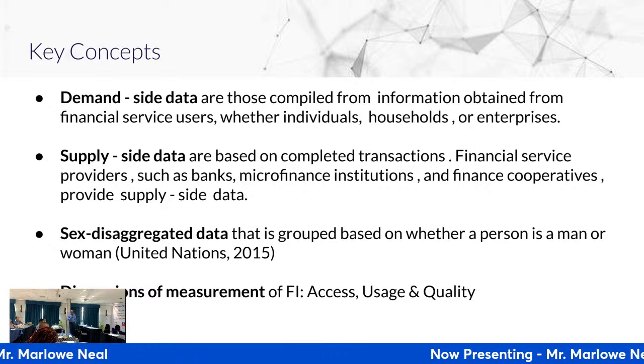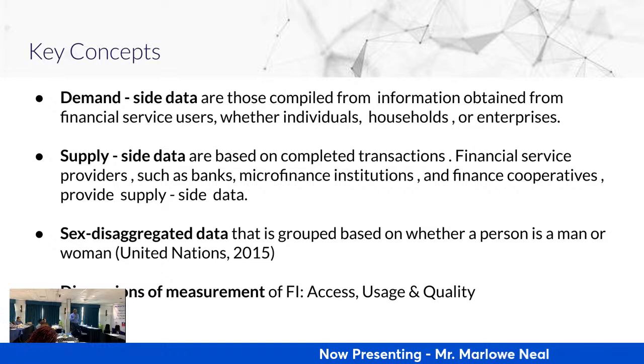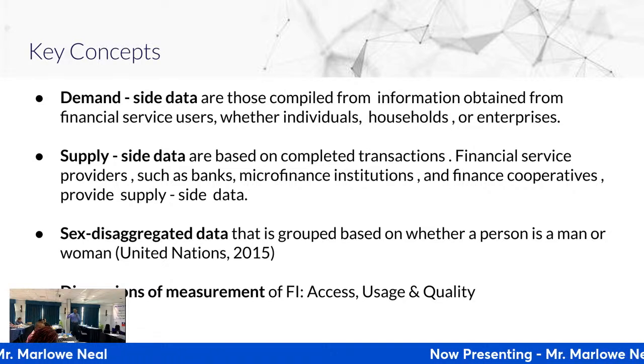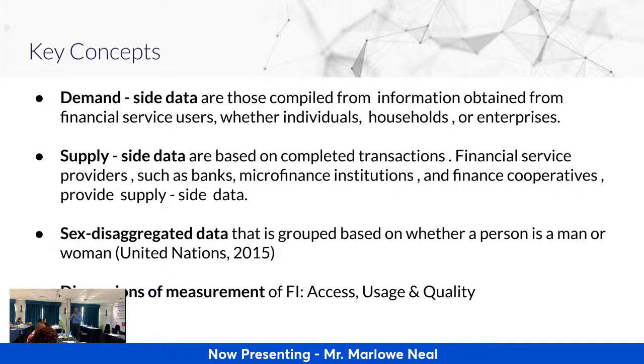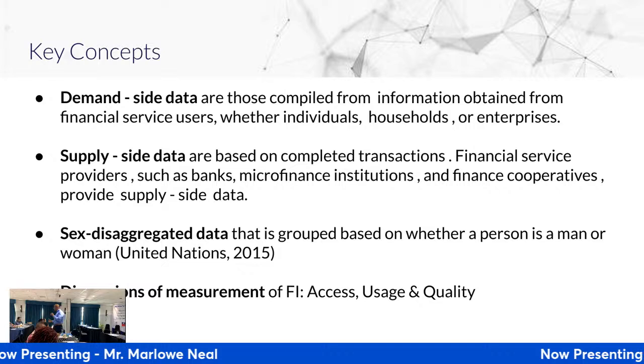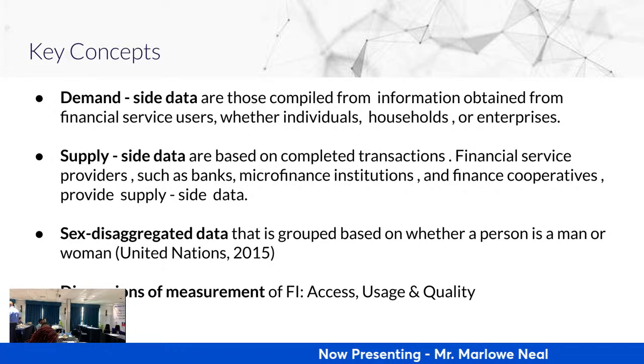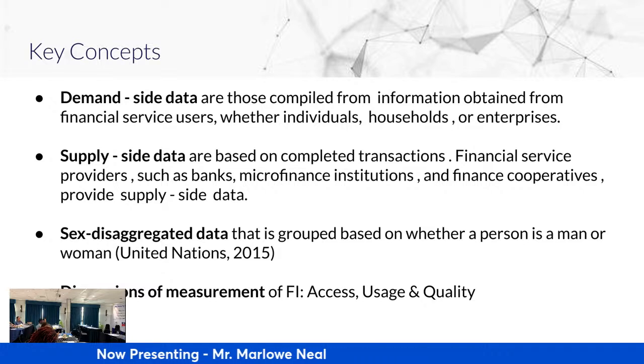So key concepts, just to ensure that we're still talking the same language. When we're talking about demand side data, again, I mentioned that is data that comes from the consumers to the top, from individuals, households, enterprises, and that data set is important because it includes information of successful transactions, but it also includes information of failed transactions that you would not get from the supply side from the top.